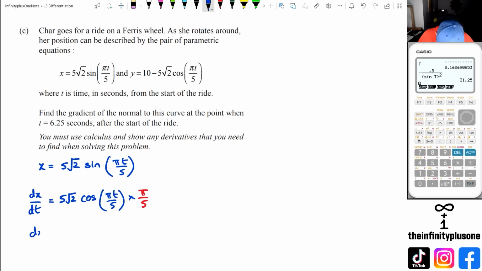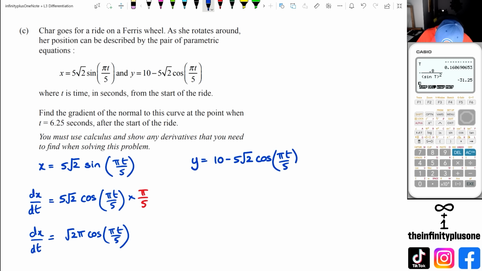I am going to simplify this because I'm going to be combining it later. So dx dt is equal to square root of 2 pi cos pi t over 5, because the two 5's actually cancel out each other. Next, I've got y is equal to 10 minus 5 root 2 cos pi t over 5.